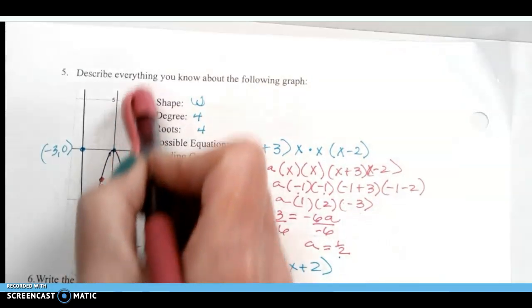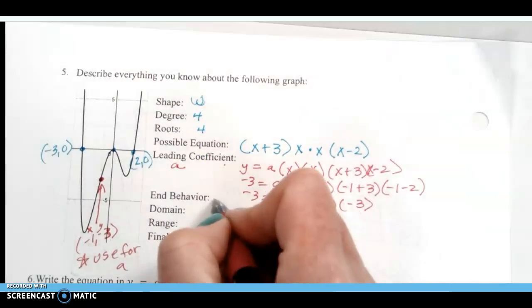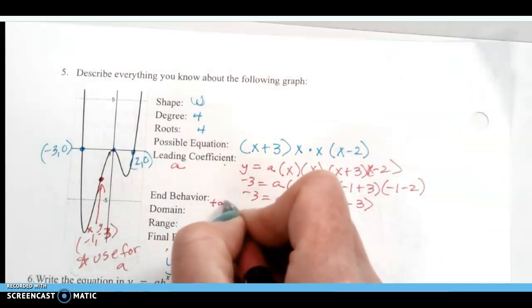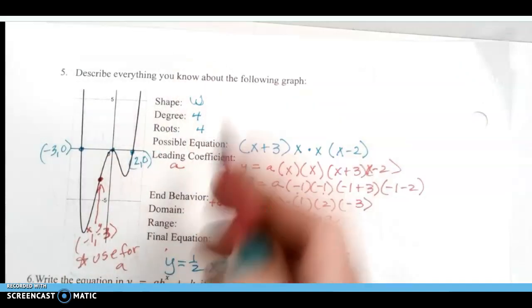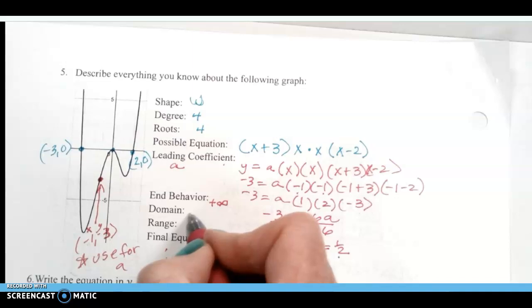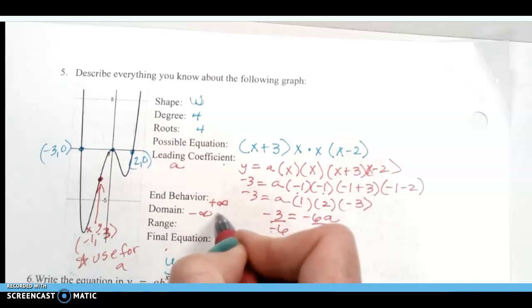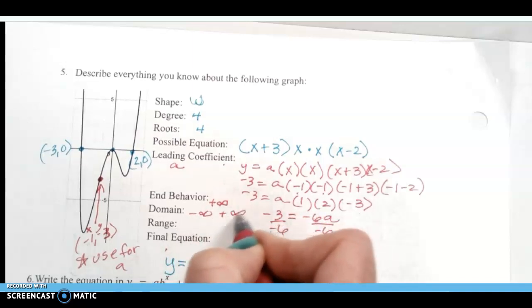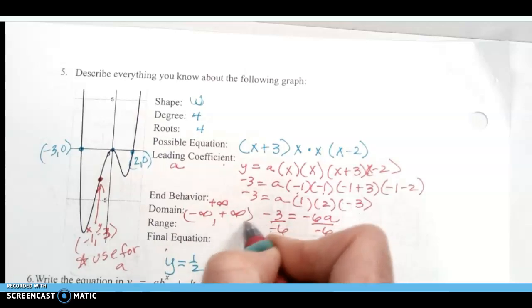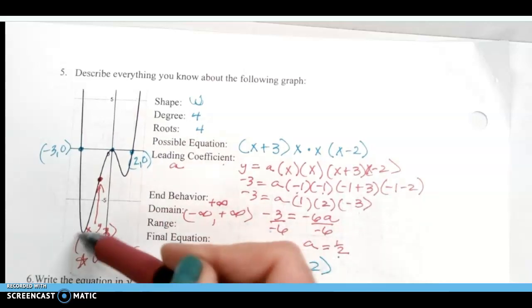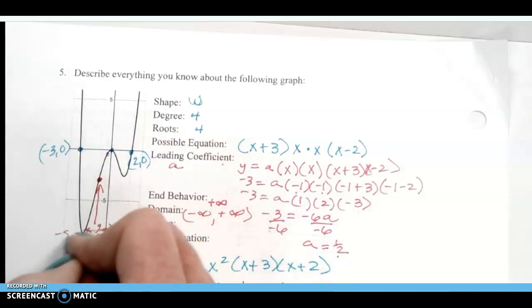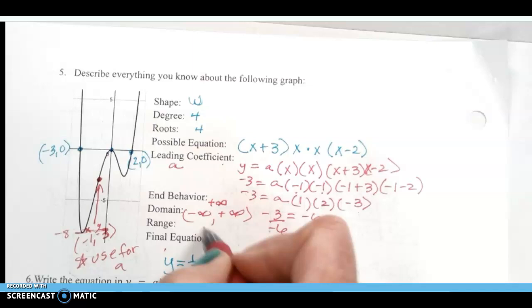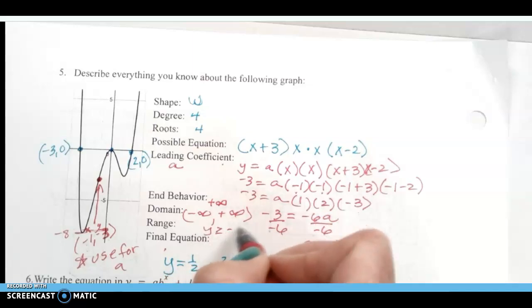We're ending up on positive, so we're going to call that one positive infinity. What is our domain? It's coming from negative infinity going all the way to positive infinity. What is the range? Looks like the lowest point here is at about -8. So we're going to say the range is greater than or equal to -8.